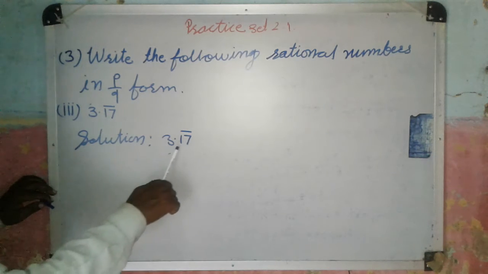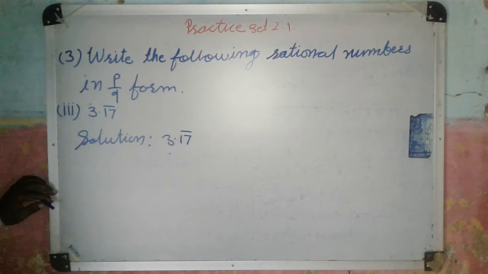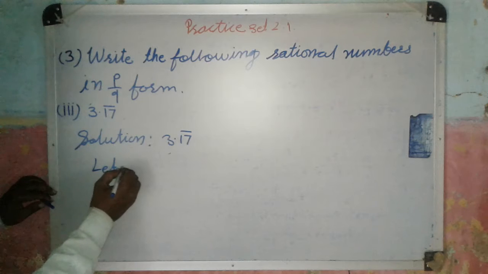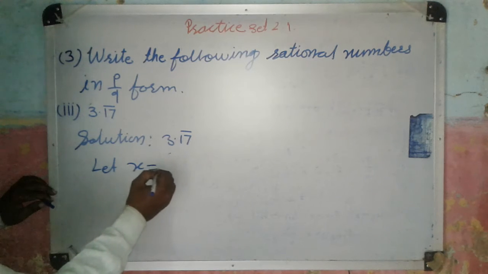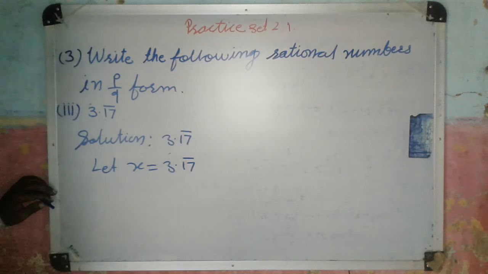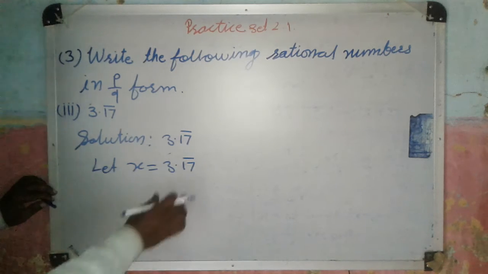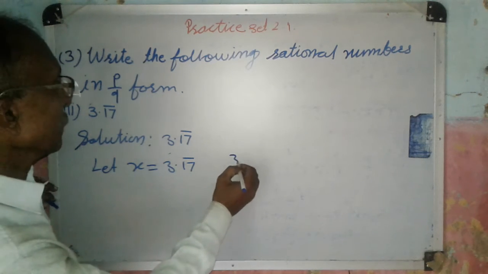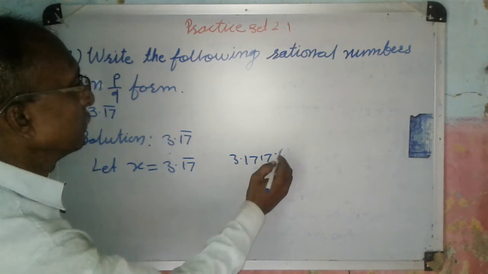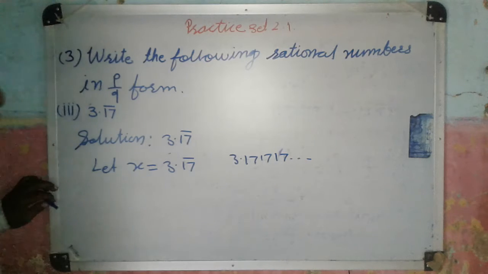That means here 2 digits are repeating. So let x is equal to 3.17 bar. The meaning of this is 3.17, 17, and so on.